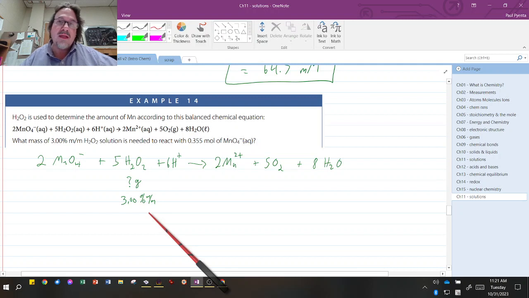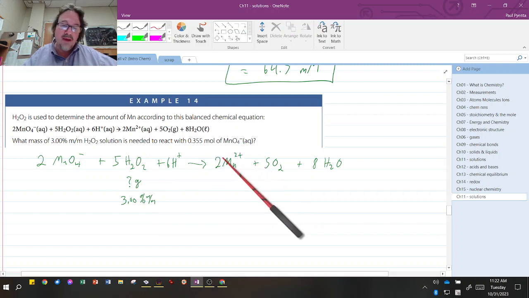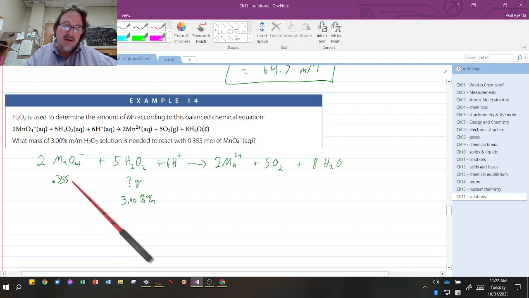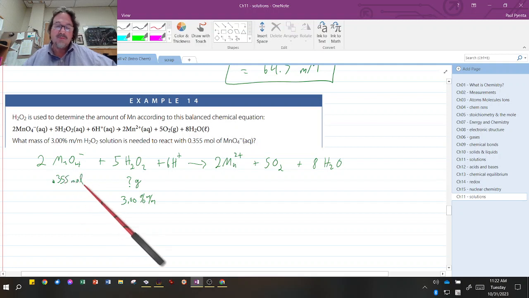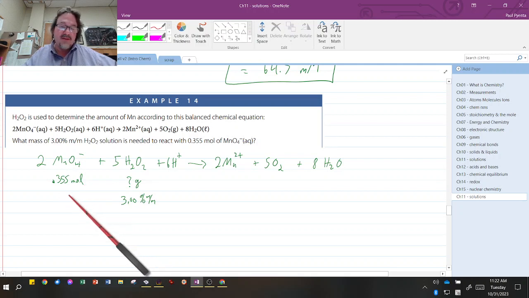We're going to have to interpret that and say, what does that really mean? All right, it is needed to react with 0.355 moles of this permanganate. So over here, this one is 0.355 moles. This is what I know. That's how much is reacted. It reacts with this solution, and they're asking me how many grams of that solution. Maybe I should add that. How many grams of the solution, mass of the solution. That's what they're asking me for.